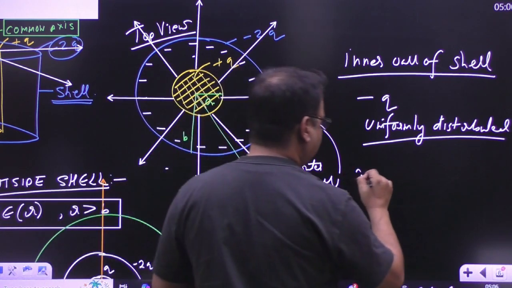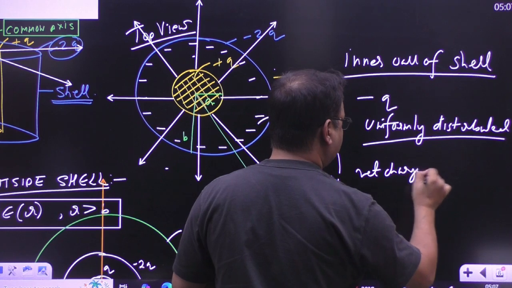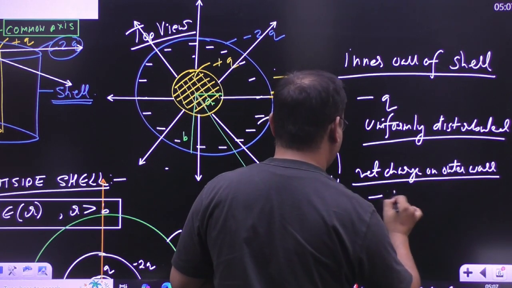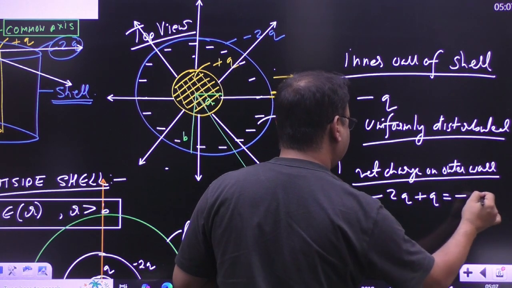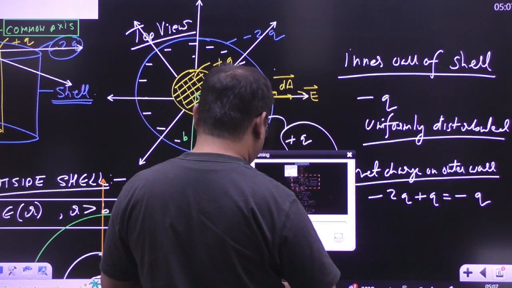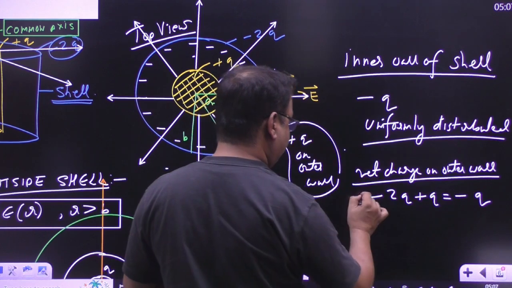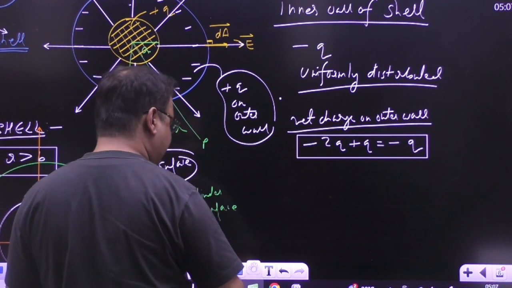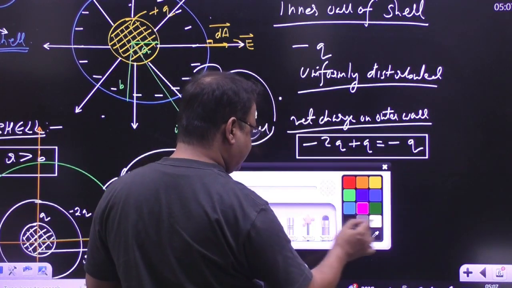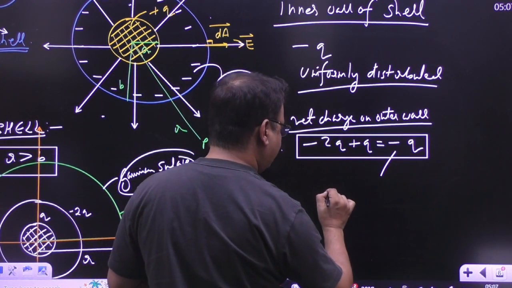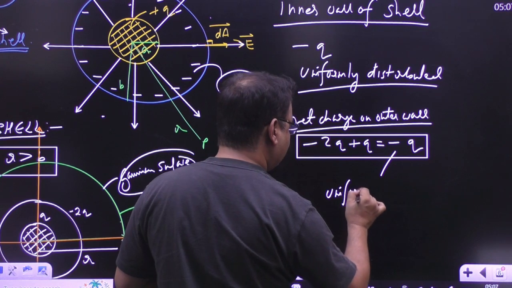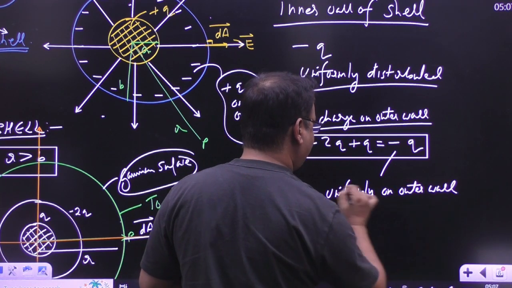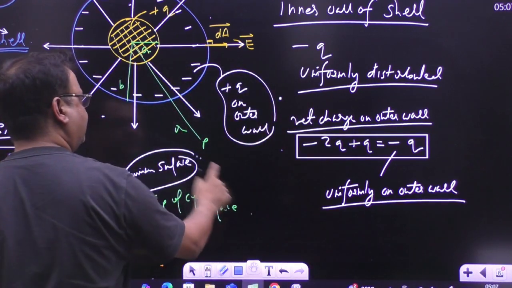So the net charge on the outer wall will be what? Minus 2q plus q, that is minus q. And again, since there is no foundation near the outer wall and your surface is curved with the same steepness, by the property of the distribution of charge, this minus q will be distributed uniformly on the outer wall, correct? So this is the answer to part B.